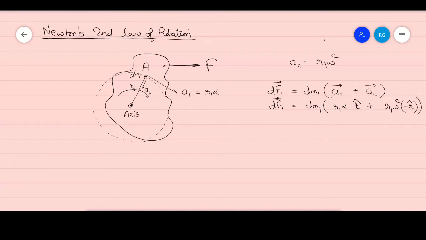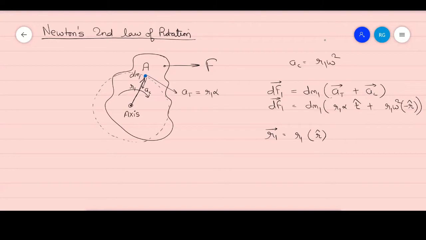Now this force which is acting on this particle, if I have to find the torque of this force, simply I can draw the position vector. The position vector r1 has a magnitude of r1, and it is along r cap, the radial direction.